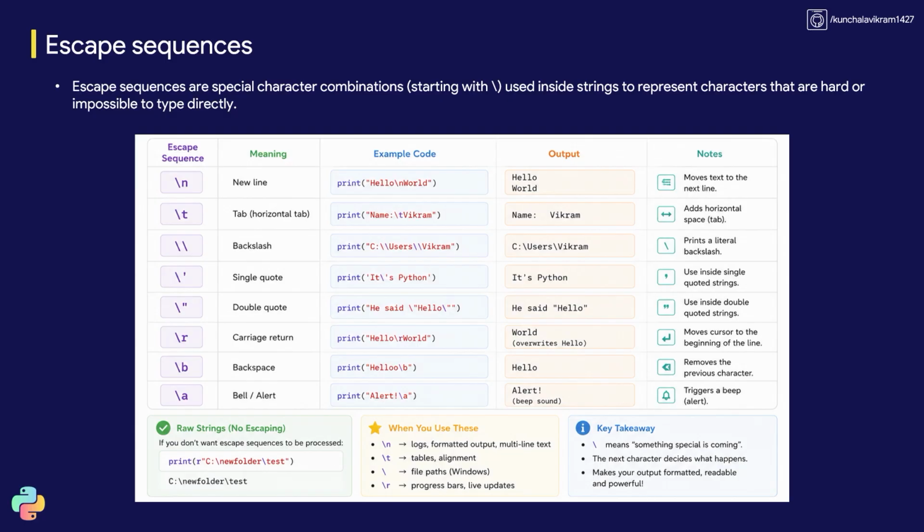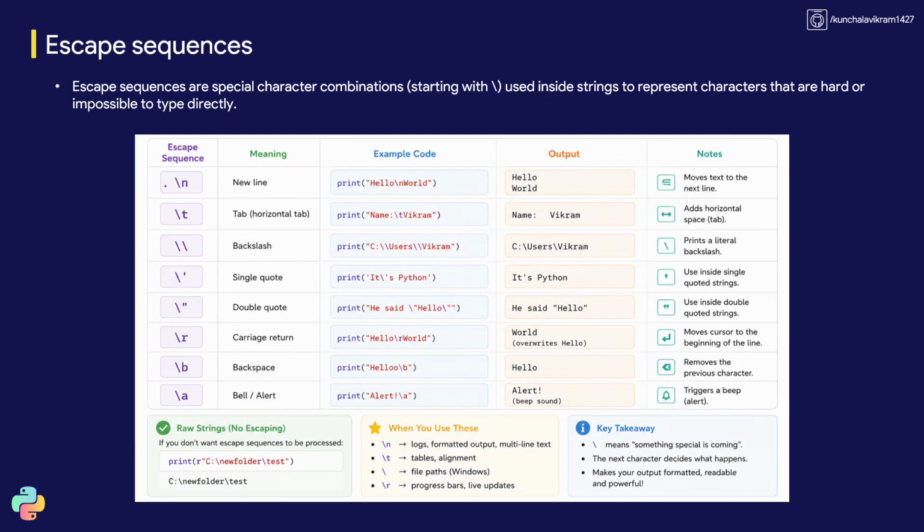For example, I want to print a new line. If I have to print hello world on two separate lines, usually what I do is write print hello and then print world in two different lines like this. This way it will print hello and world on separate lines.